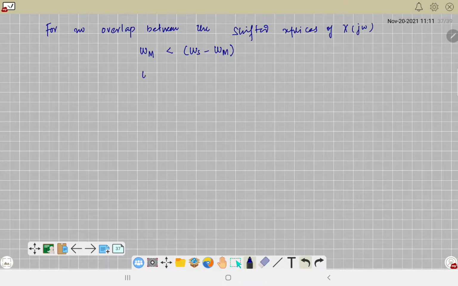Okay? Then if you do a bit of shifting, ω_m plus ω_m is less than ω_s, which means ω_s should be greater than twice ω_m. And this is basically your sampling theorem.